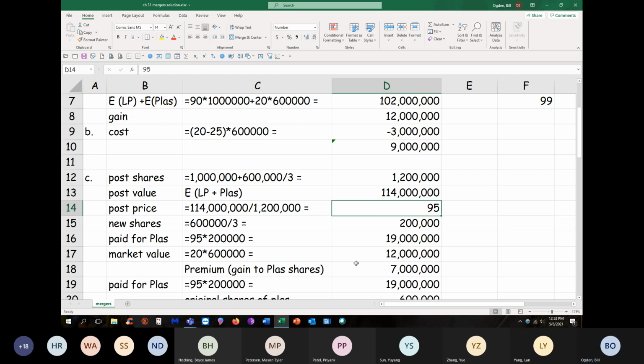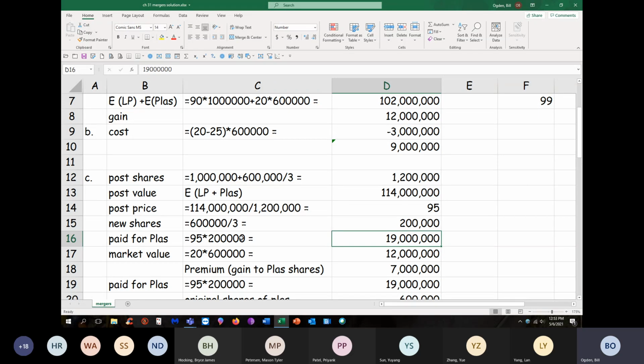Okay. Then we can evaluate the wealth effects of the two parties. So the former PLAS shareholders now have 200,000 shares of LP. Basically, the value of the offer, since the price would settle at $95 per share times 200,000 shares, is $19 million in value.